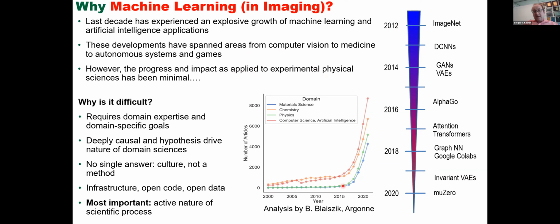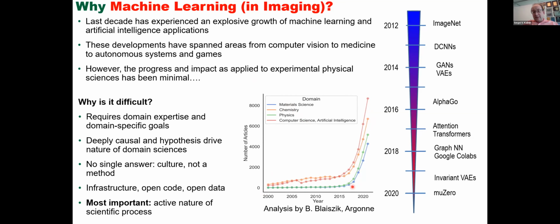And this is a beautiful analysis by Ben Blaiszik at Argonne, who analyzed the evolution of publications in material science, chemistry, physics, and computer science that actually use ML. Notice that chemists and computer scientists did a lot of ML with some healthy linear growth, and then once deep learning became an accepted thing, there is an exponential growth.